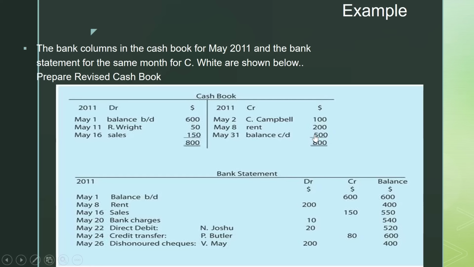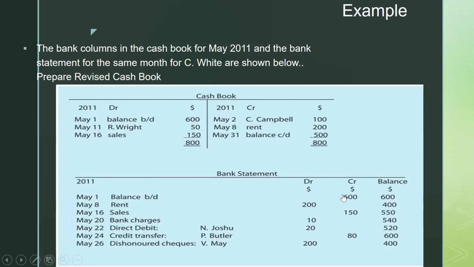Or we could look at where it is in the bank statement. If it's on the debit side in the bank statement, where would it go in the cash book? Credit side. And if it's on the credit side of the bank statement, where would it go in the cash book? The debit side. Correct.